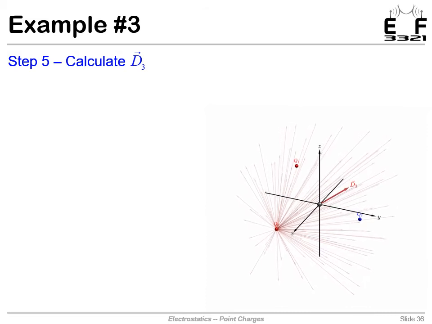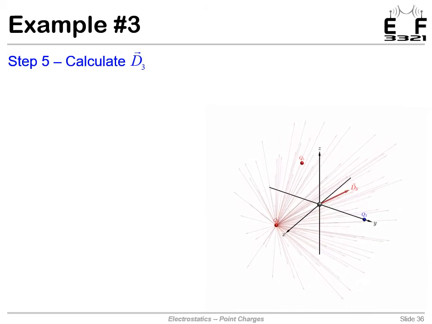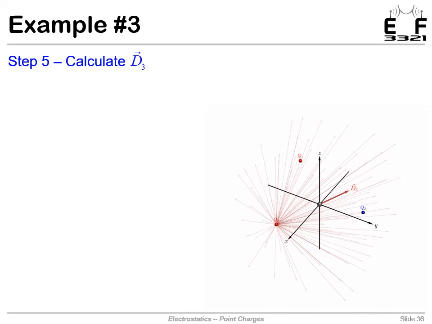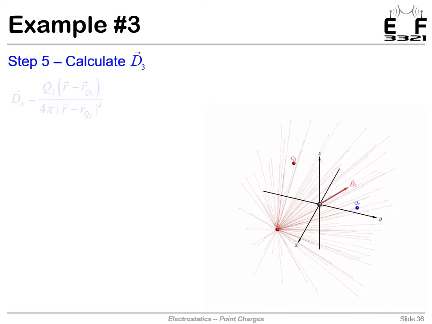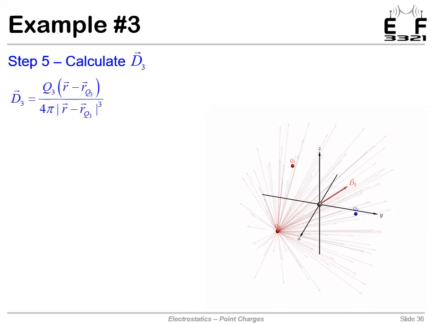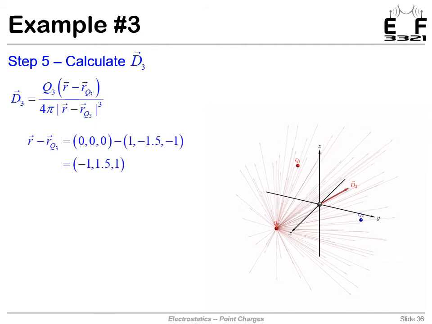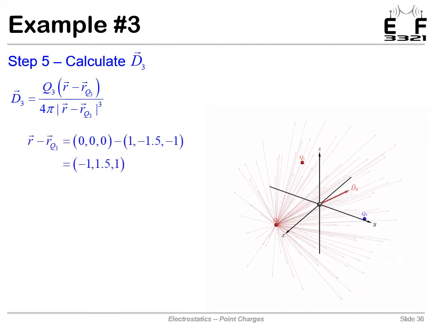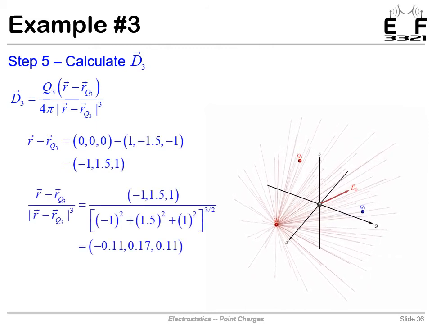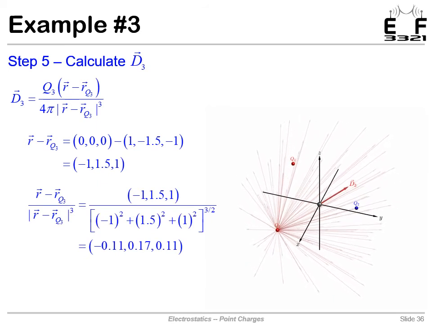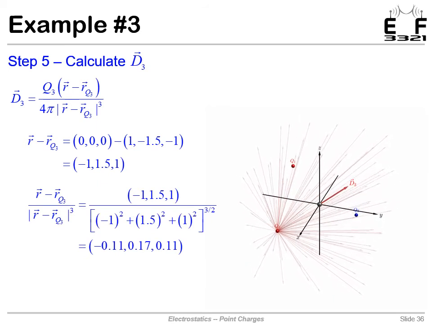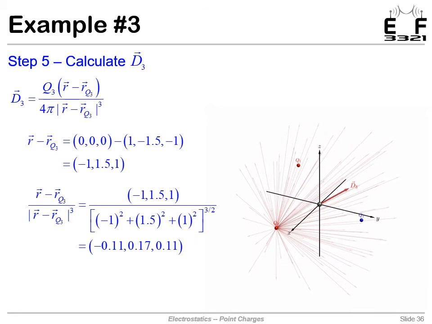And we do it over again for D3. You can see the pattern here. If we had 5 charges, we would be doing this 5 different times. We write our general equation. We'll calculate the r minus r_q. We then calculate that vector ratio of r minus r_q divided by the magnitude of that cubed.